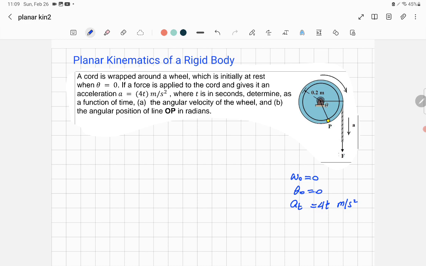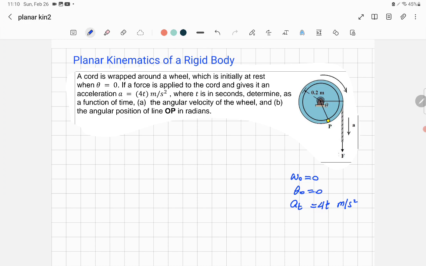What else? Where t is in seconds, determine as a function of time the angular velocity of the wheel, omega, and the angular position of line OP in radians. So they want the angular velocity and position. That's the information given.